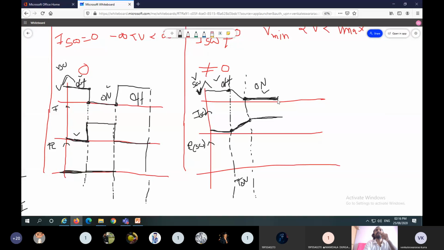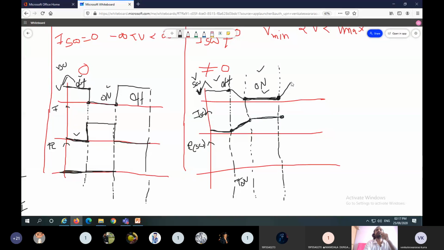Next, again at this point, if you want to open the switch, just remove the gate signal, then it will again take a certain time to turn off the device. It will take a certain time to make the transition from the on state to the off state.